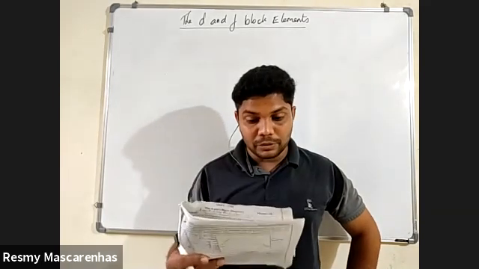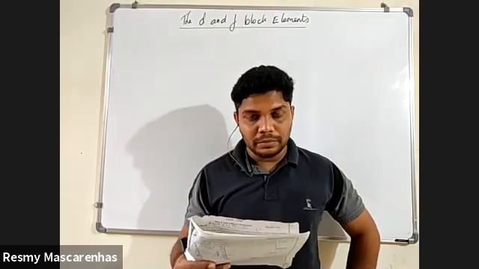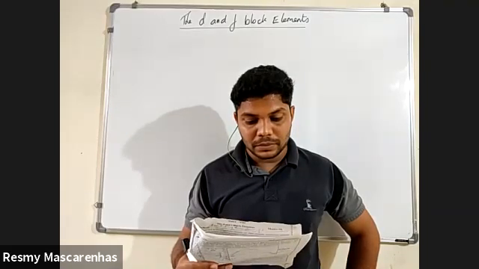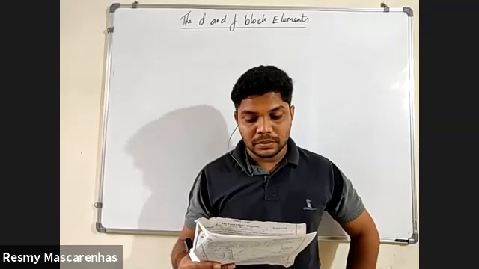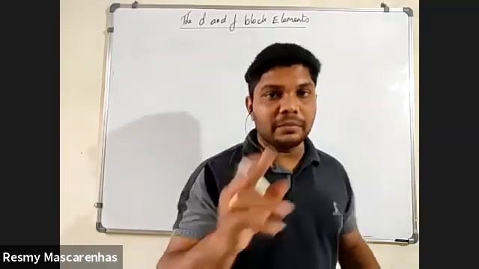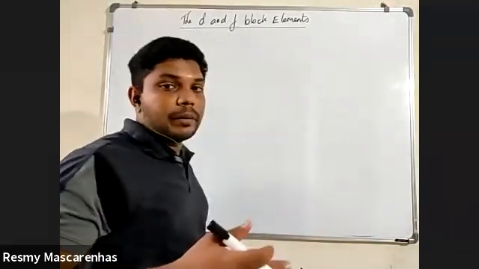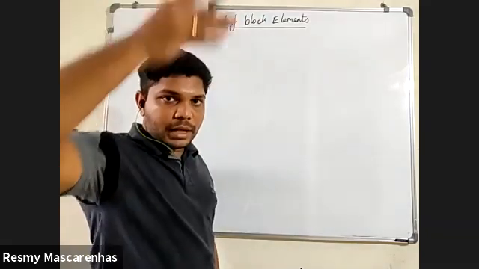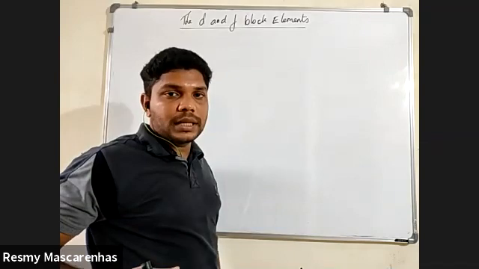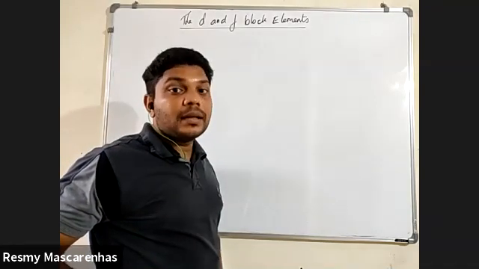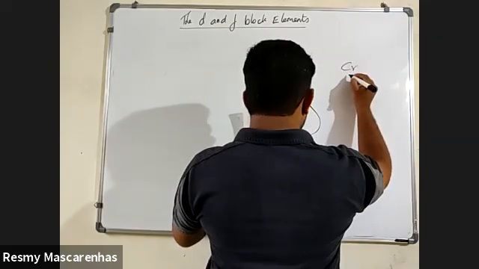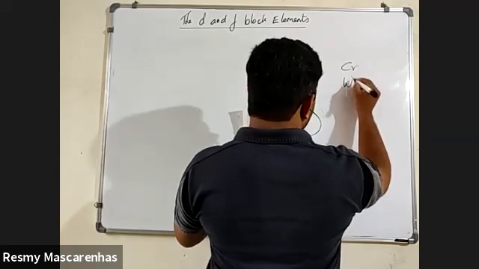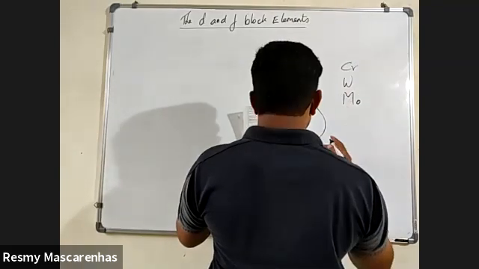Take down a separate question. Chromium, tungsten and molybdenum. Remember this series. Like how we have remembered zinc, cadmium, mercury, one after the another, same here you remember this series also: chromium, tungsten, and molybdenum.